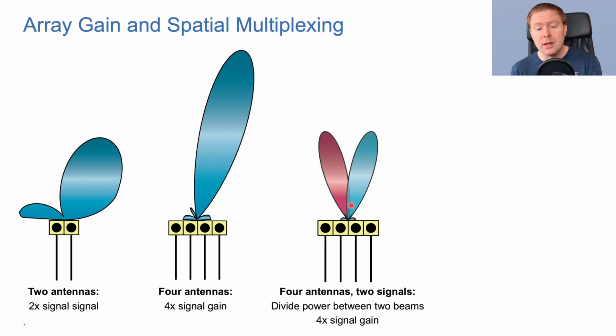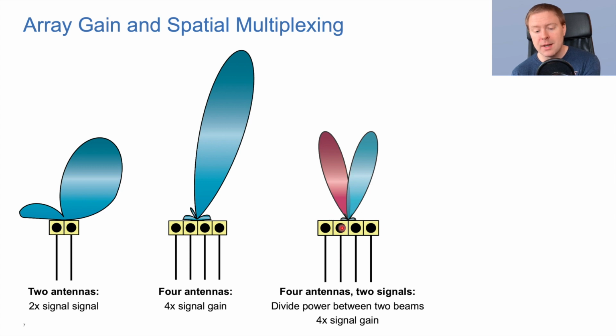That enables us to transmit multiple signals by computing the blue one and the red one, and adding them up on every antenna, so we get a different weighted summation of the two signals, also with different delays. And of course we are then dividing the power between these two beams.